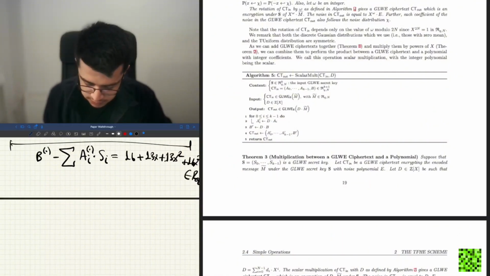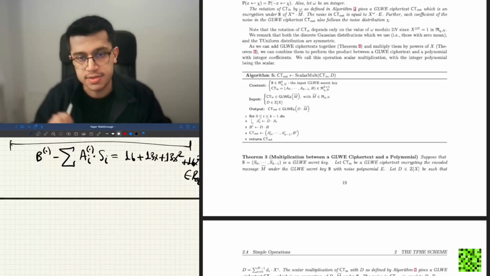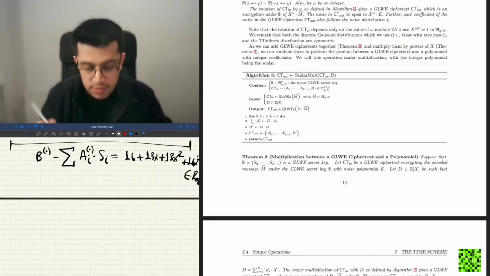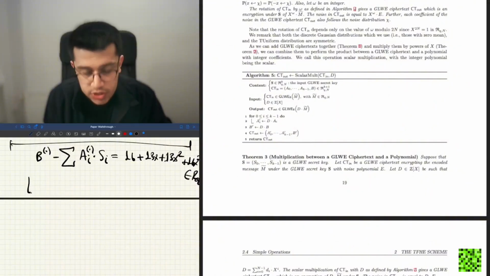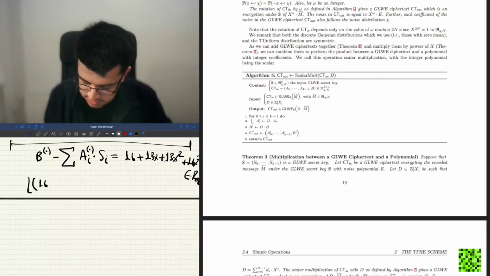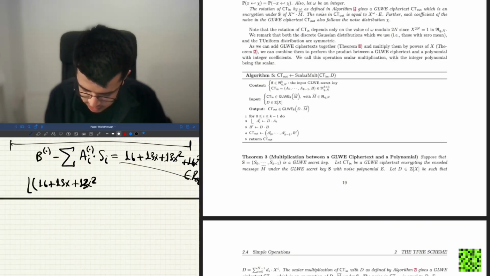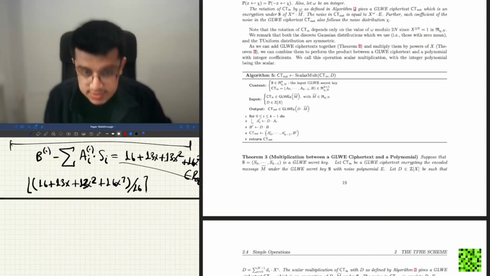Now we need to perform the division by the scaling factor and then rounding. So we're going to round this polynomial, 16 plus 13x plus 13x squared plus 16x cubed, after dividing it by the scaling factor 16.